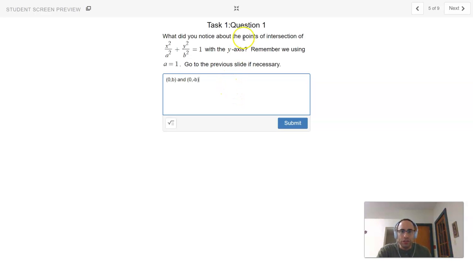That's what the points of intersection are. When b was 3, these points were 0, 3, 0, -3. That was on the previous slide. When b was 4, we got 0, 4, and 0, -4. Okay, and that's when a is held fixed. Again, also the points of intersection are on the y-axis. b squared is under y squared. Okay, that's good. Let's keep going.